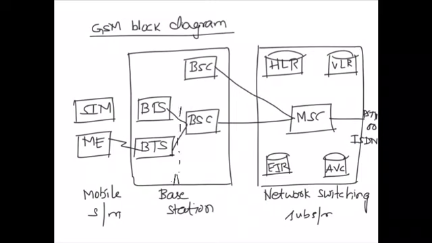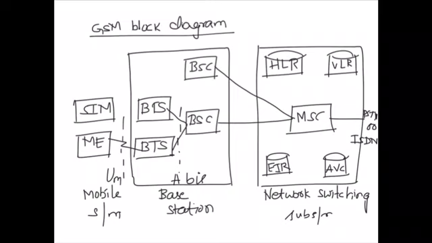The interface that connects a BTS and BSC, we call it as the Abis interface. The interface between the BTS and the mobile equipment, we call it as the Um interface.